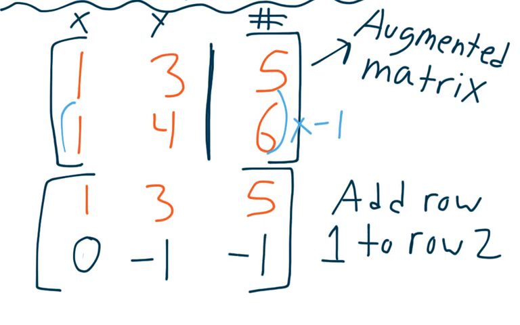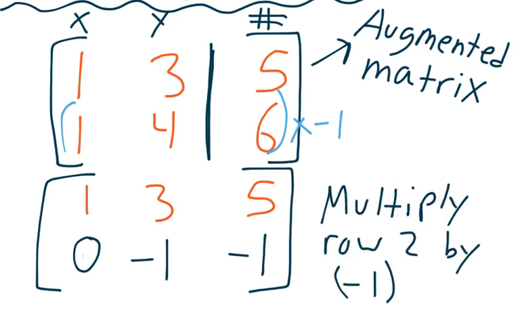So then what I'm going to do now is multiply row 2 by -1. Forgot the little line here to separate both sides. So then instead of having -1, I have 1. Instead of having -1, I have 1.